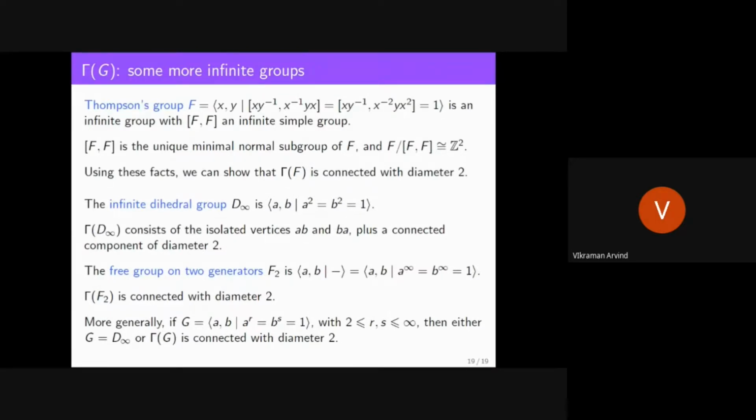So the infinite dihedral group will look like this: the elements will be all words without consecutive occurrences of A's or B's. Exactly, yes.